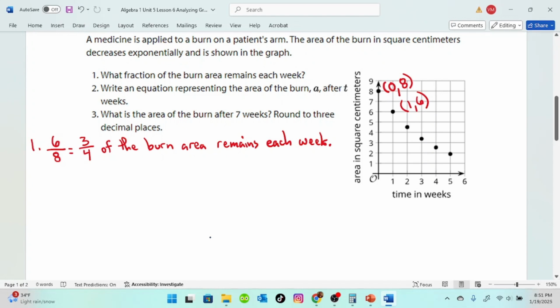Number 2. Write an equation representing the area of the burn A after t weeks.